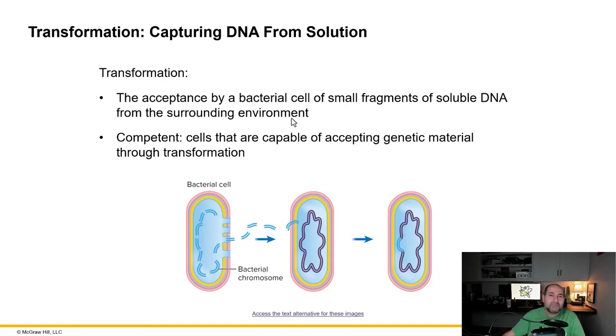Some cells are capable of doing this. The cells that are capable of doing this are called competent cells. Not all cells are able to take DNA out of the environment that happens to be floating around out there and bring it inside. Only what are known as competent cells. These are cells with the correct machinery to bring double-stranded DNA inside.